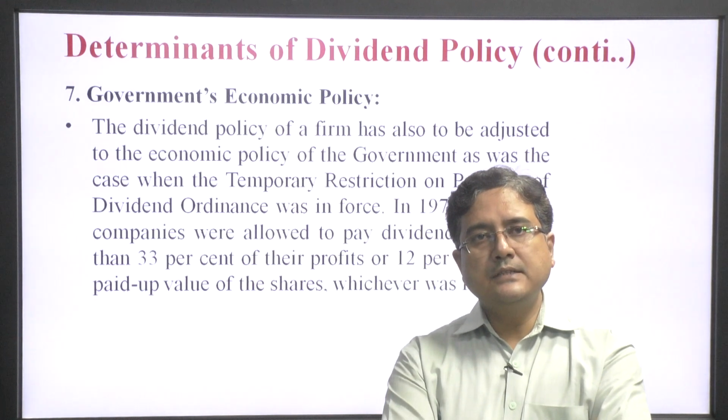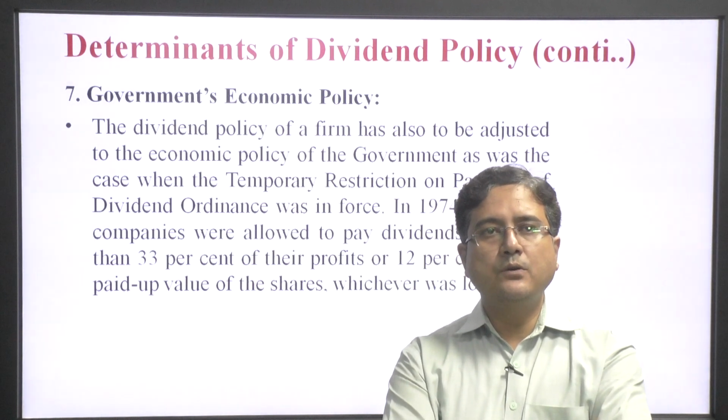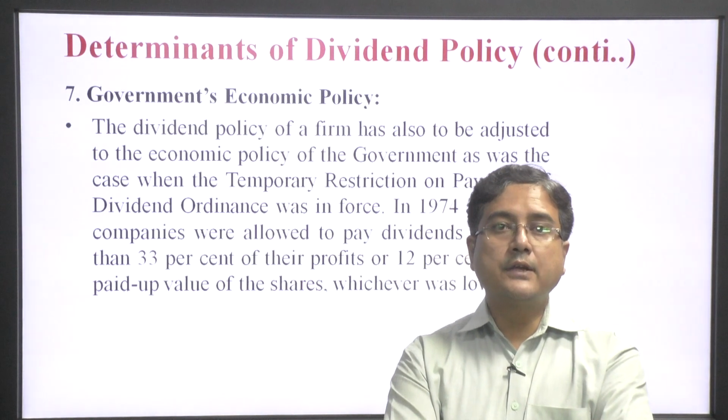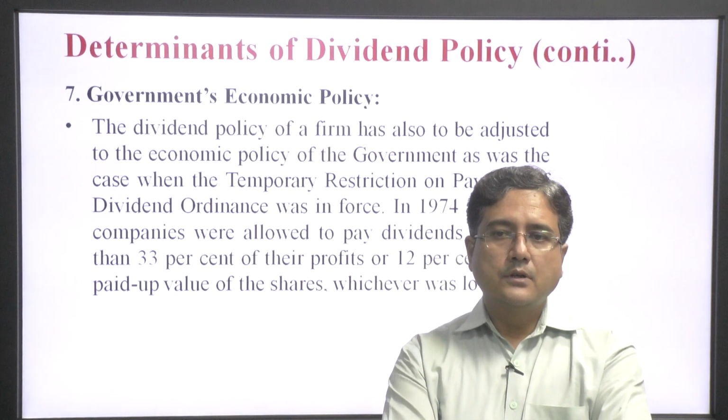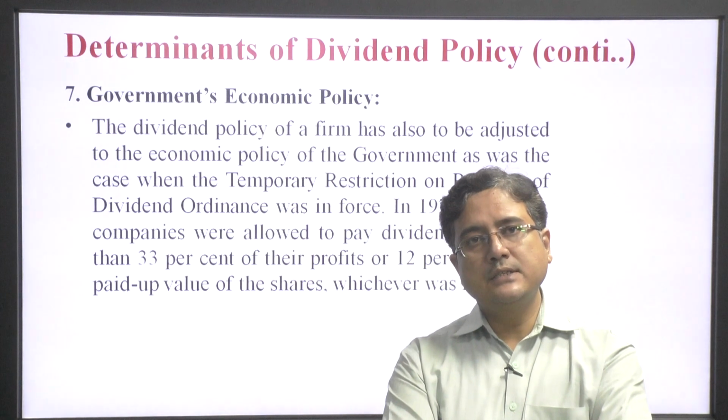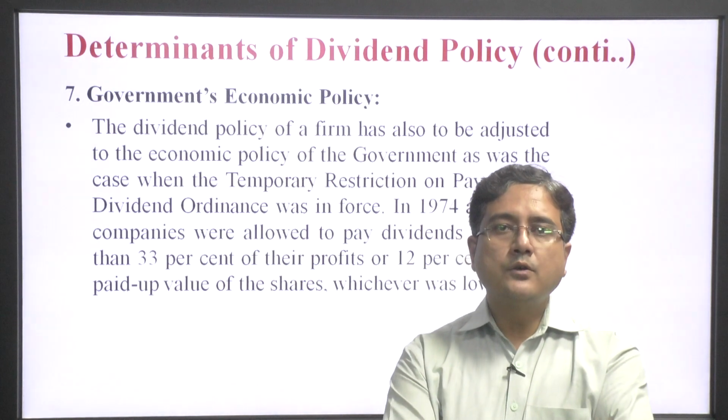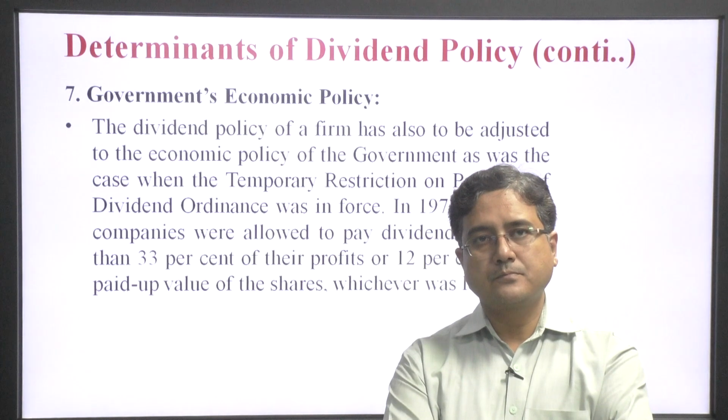So, dividend policies are adjusted according to the economic policies of the government.